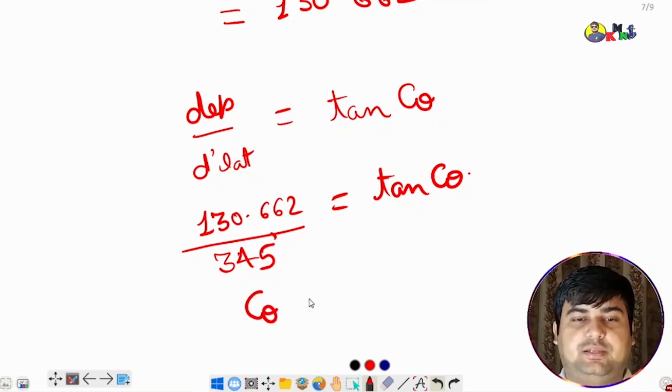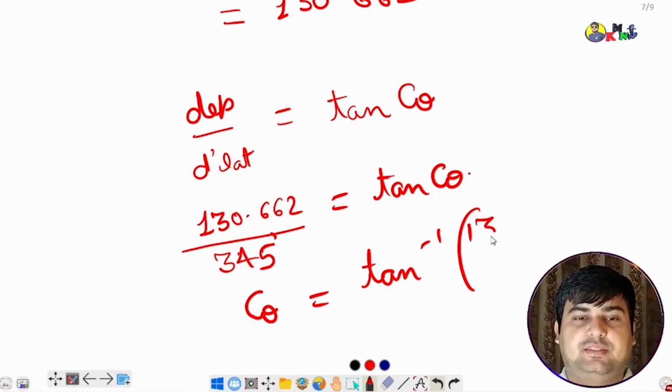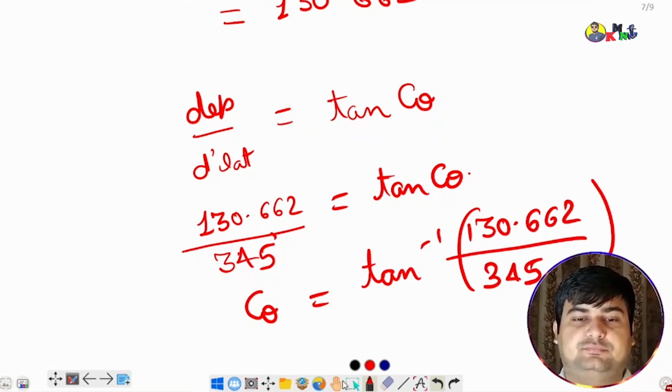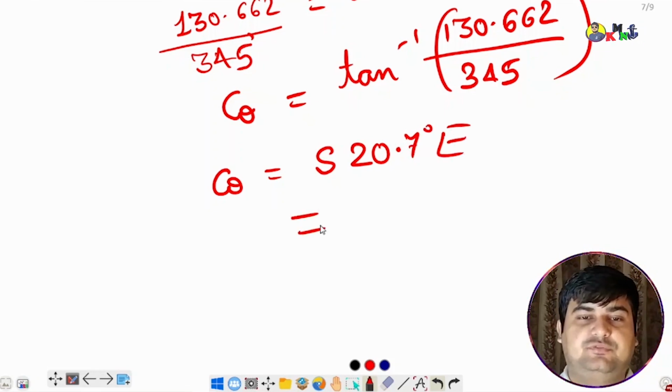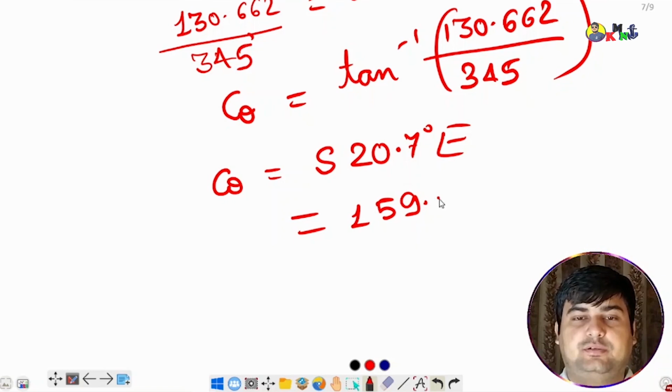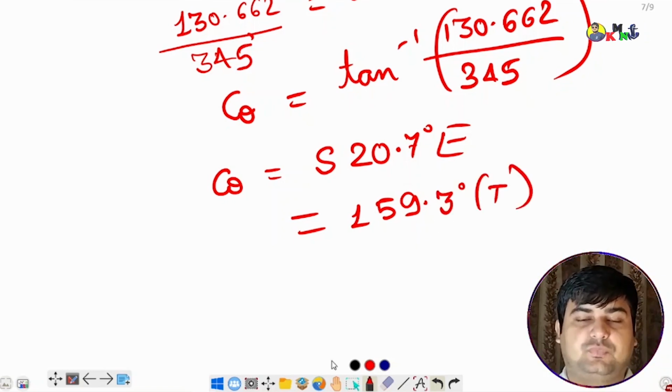So course is equal to tan inverse of 130.662 divided by 345. So course will come S 20.7 degrees E, which we will write in 3-point notation as 159.3 degrees. This will be the true course. Okay, this is the way you have to write the course in 3-point notation.